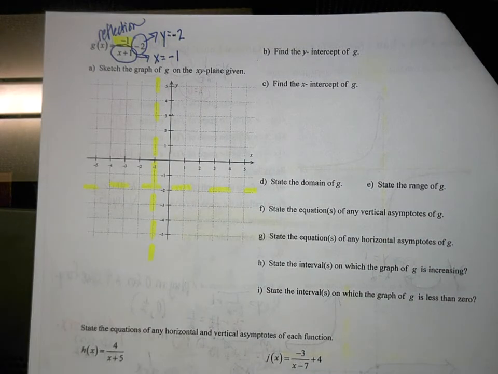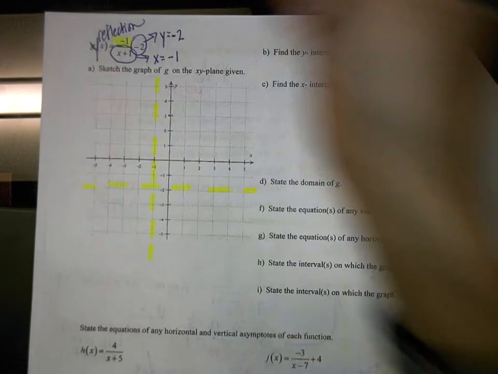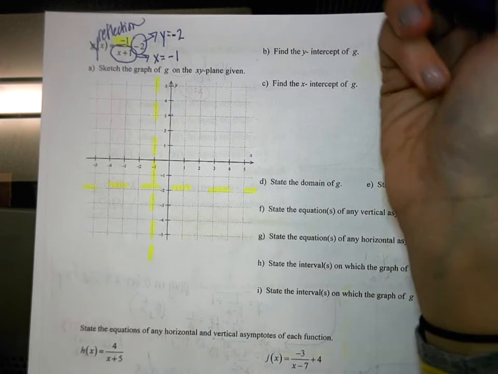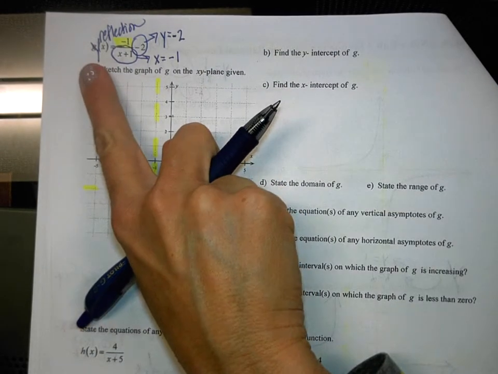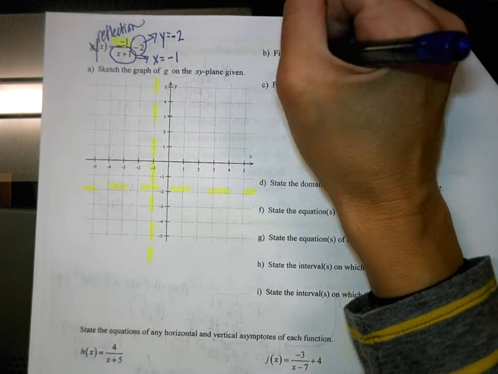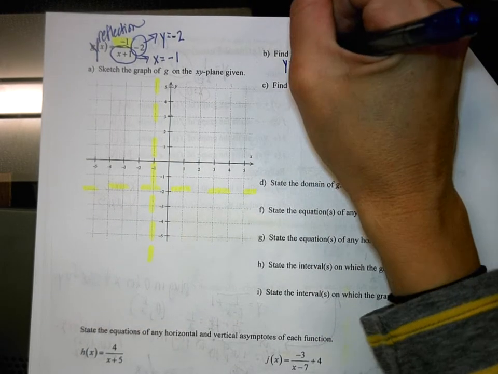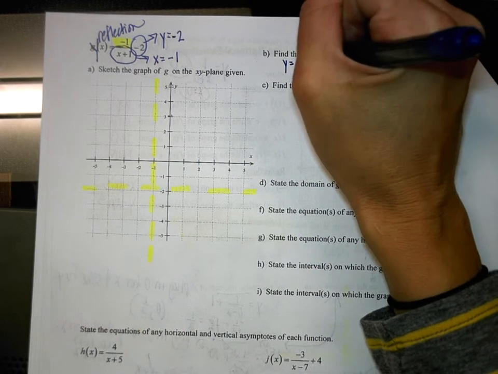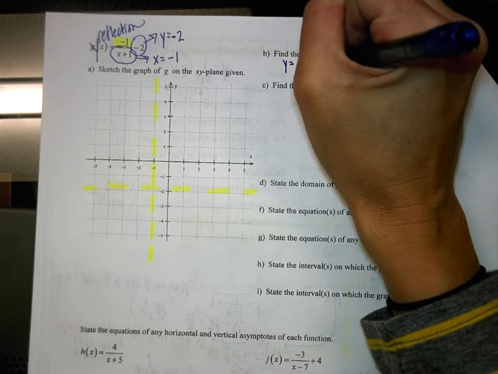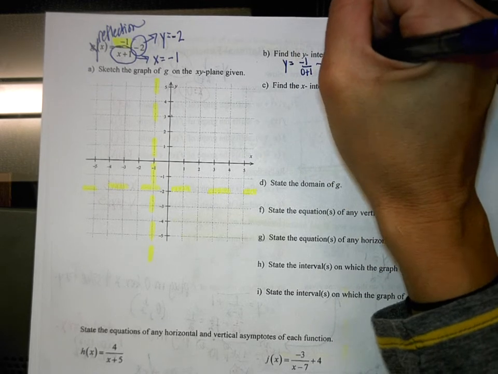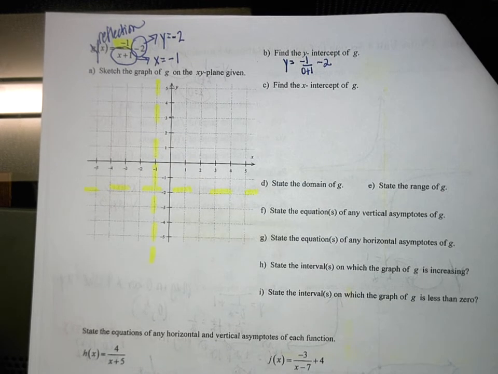How do we find our Y-intercept? Good, 0 for x. So we use our equation. We will write this as y equals negative 1 over 0 plus 1 minus 2. 0 plus 1 is what? 1.